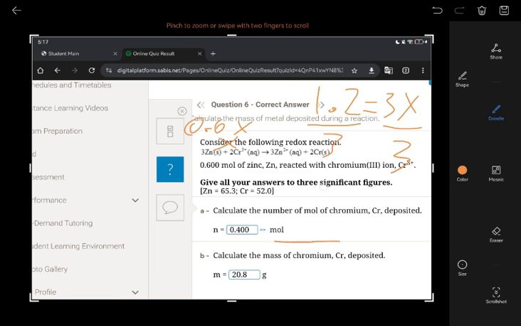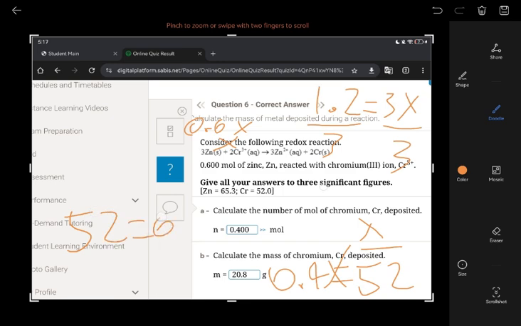And then they want the mass. They already give you the molar mass, so the number of moles equals mass over molar mass. Molar mass of chromium is given. So 0.4 equals X, we don't know the mass, over the molar mass, 52. So you cross multiply.